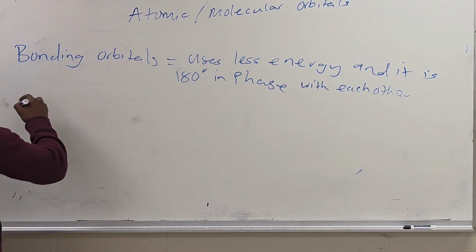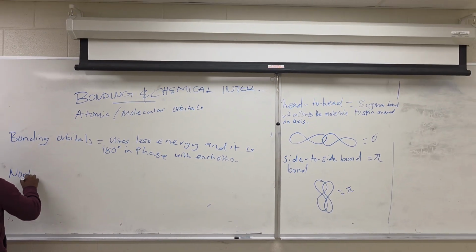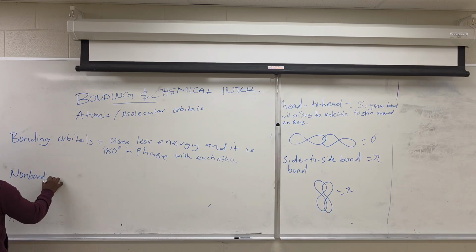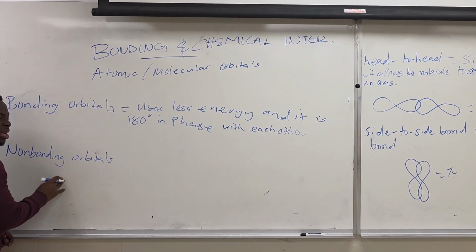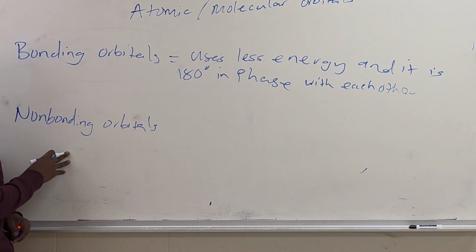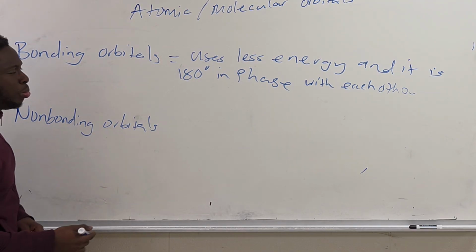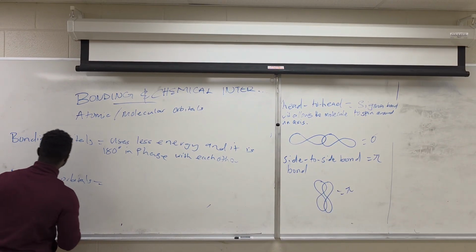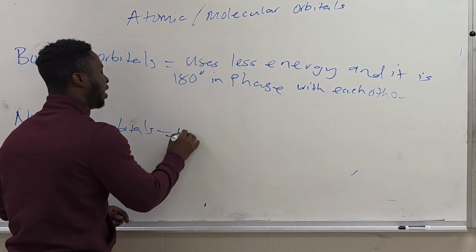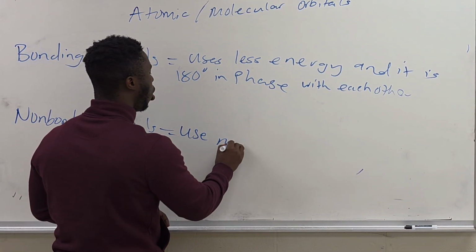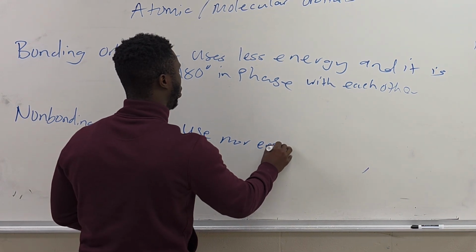Now, they may interact to also form non-bonding orbitals. Now, mind you, non-bonding orbitals doesn't mean that this orbital is not fit to form bonds, right? But non-bonding orbital means that if this type of orbital is used in bond formation, it is going to use more energy, right? More energy.